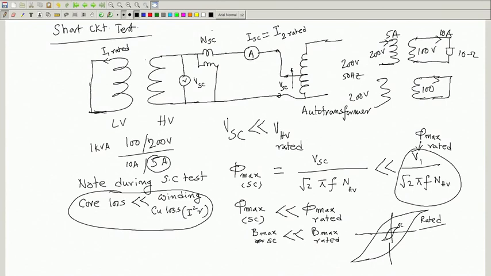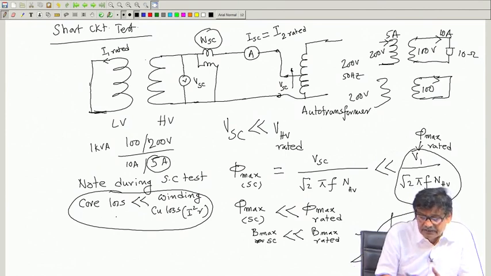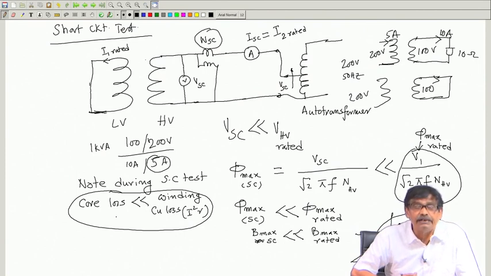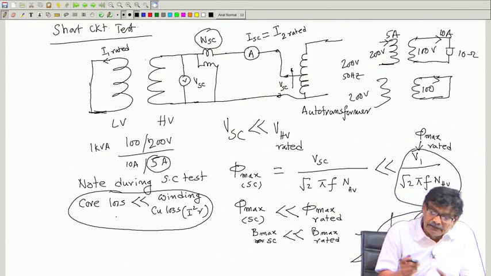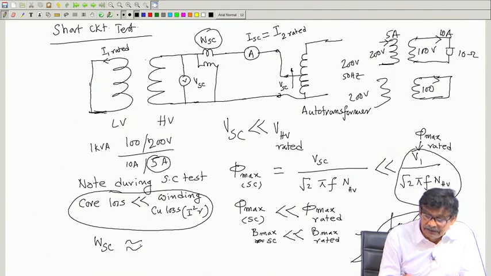Therefore, this wattmeter reading, strictly speaking, will record both the core loss and the copper loss in the winding, the sum of these two. But because core loss is very much smaller than the winding copper losses, we say that WSC is practically equal to the coil or winding copper losses.